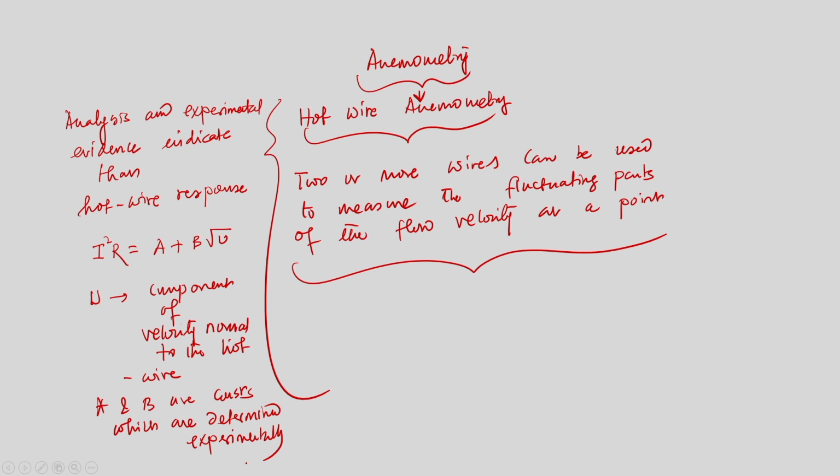So, the component of velocity normal to the hot wire, that is u, will be measured by measuring the heat transfer, that is I square R heating.